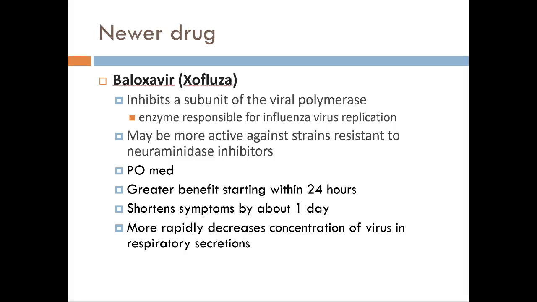But they do work differently, and together they could maybe be a bit more effective than by themselves. One thing this drug does, compared to oseltamivir, is rapidly decrease the concentration of virus in respiratory secretions. And that might be relevant as it might prevent the spread more so than a neuraminidase inhibitor.